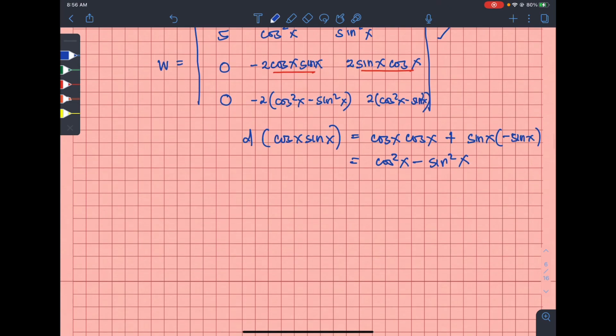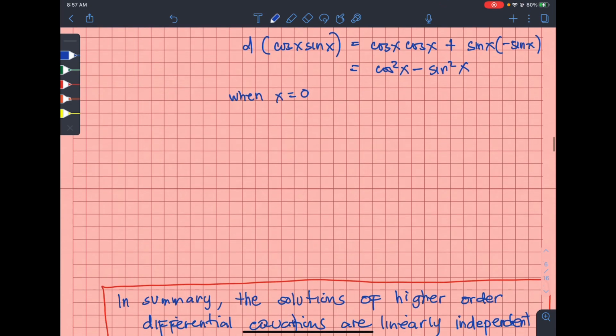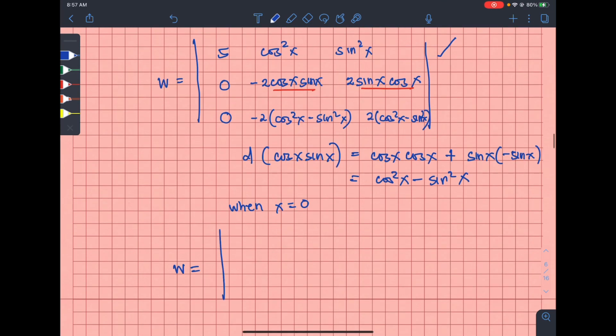The easiest here is to let x equal 0. Remember, cosine 0 is 1 and sine 0 is 0.